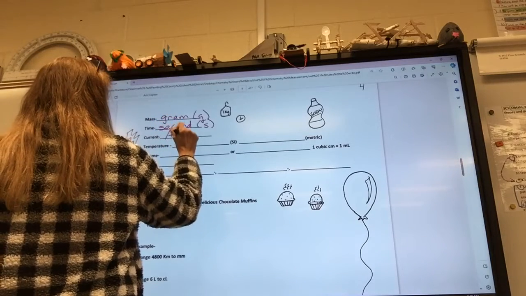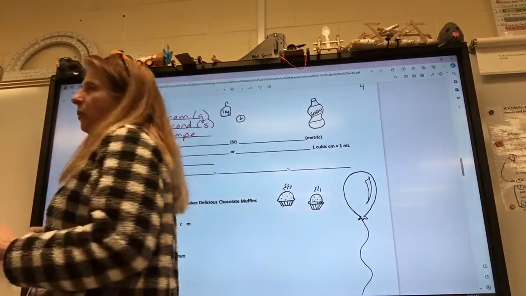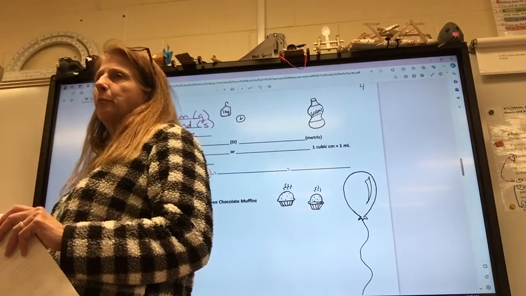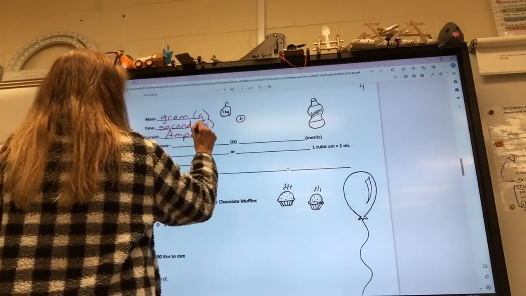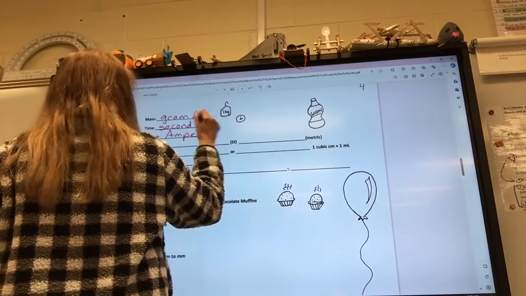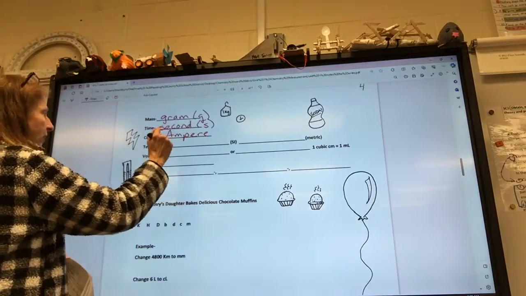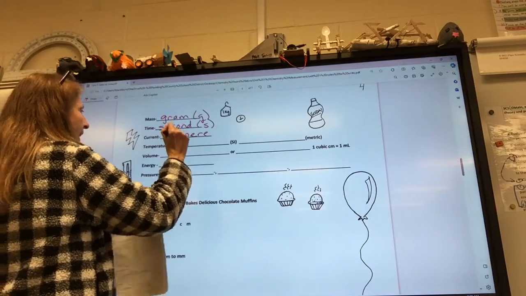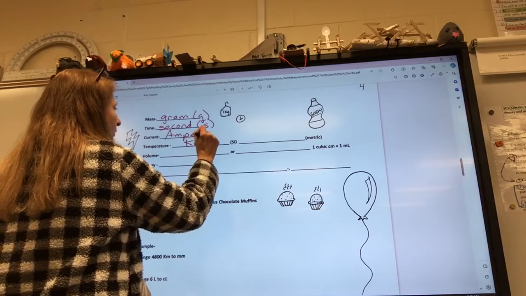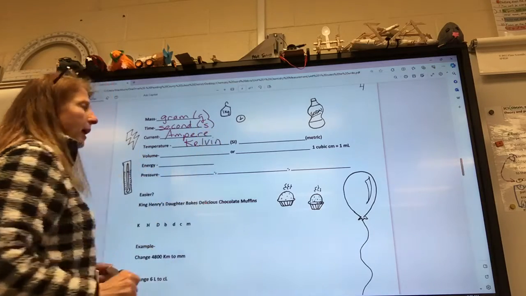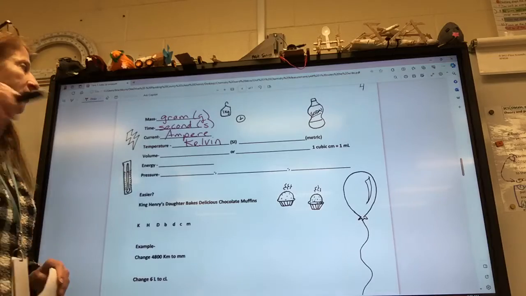Current is in amperes. And we use this in English too. Like maybe you talk about amps with your stereo system. You've heard that before. That's short for ampere. I'm not going to go through all the abbreviations right now. Temperature in SI is in Kelvin. You probably never heard of Kelvin before, but we'll use it when we get to the gas laws chapter.